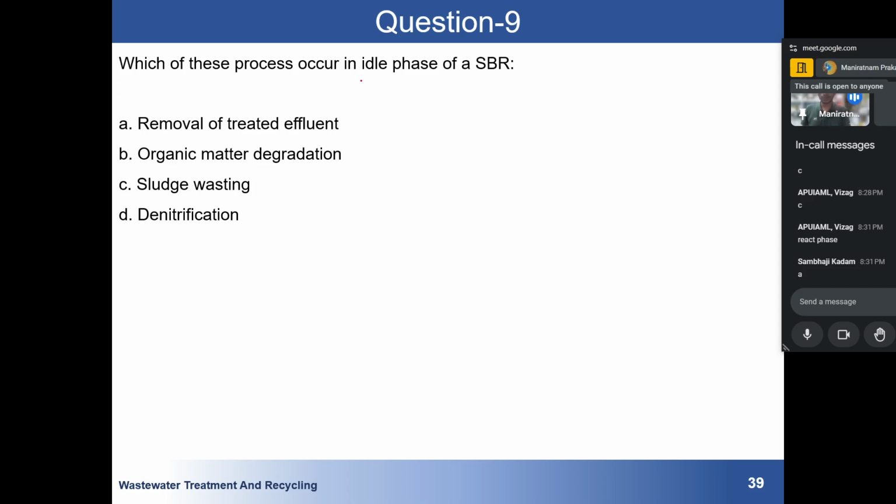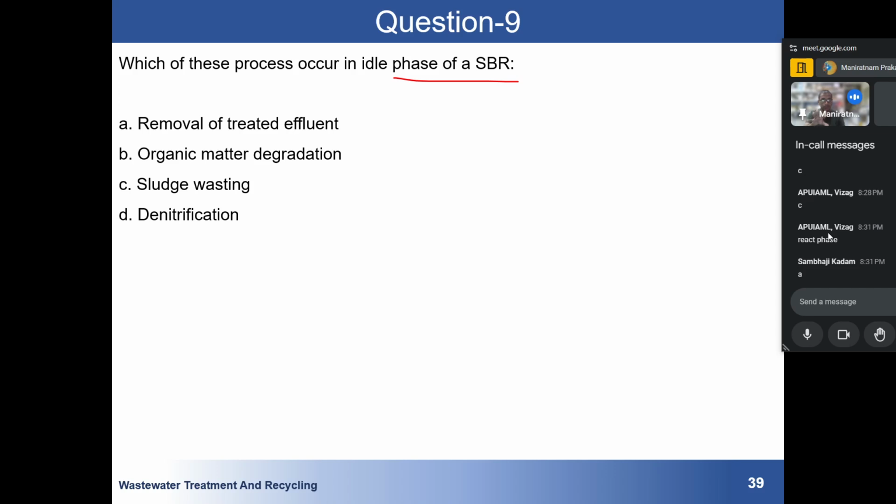Which of these processes occur in the idle phase? Just try to answer in that way: what is happening when, and then you will be able to answer it. Again, a very simple question. But remember, these are simple questions, but these kinds of questions are generally asked if you are appearing in any environmental examination.